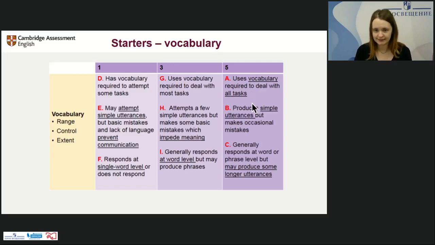Simple utterances for starters, again, don't expect too much from them. And if we speak about extent, they can produce some longer utterances. So I've seen the question about extent. So extent is basically how long the answer is, how long the utterance is, how long the response is. And what is appropriate for the lower level is not appropriate for flyers, for example.